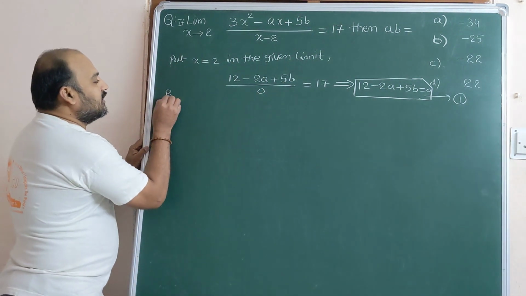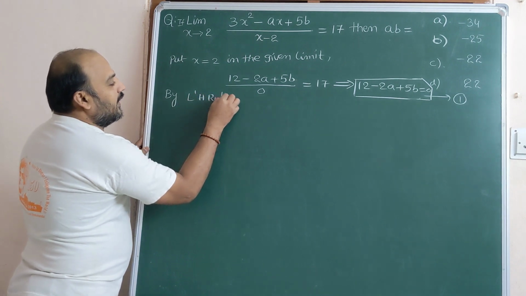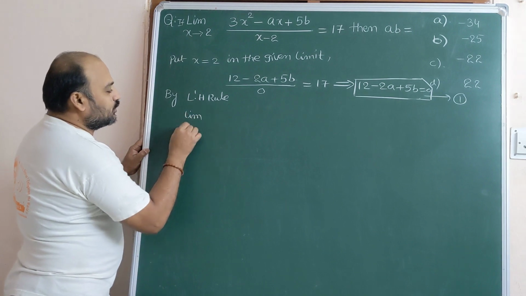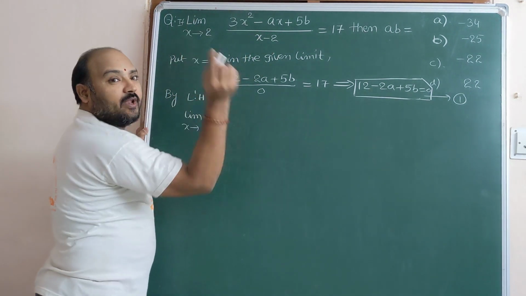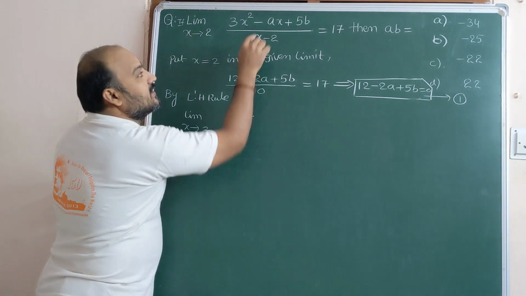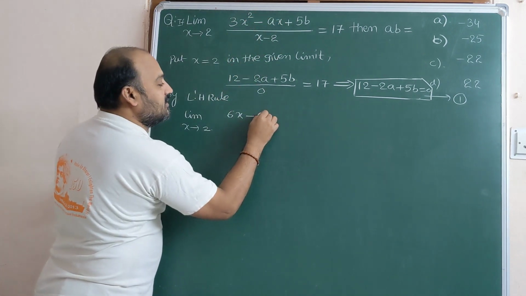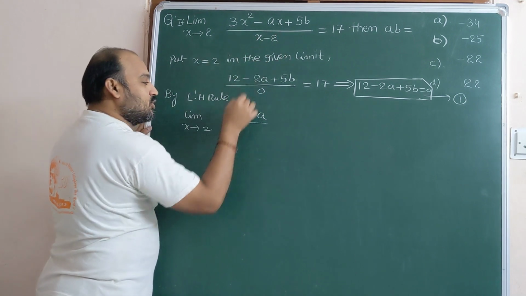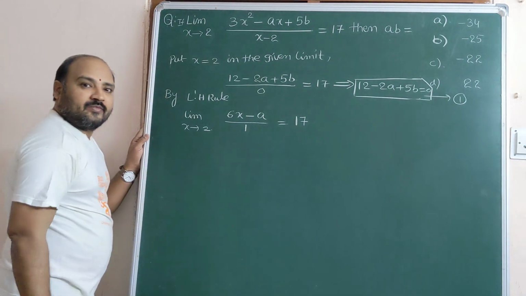So by L'Hospital rule, the derivative of 3x² is 6x, minus a, since the derivative of ax is a, and 5b is a constant whose derivative is 0, divided by the derivative of x minus 2, which is 1, equal to 17.